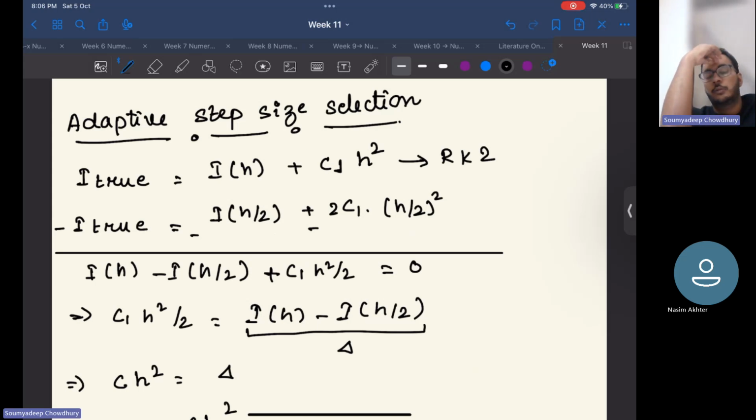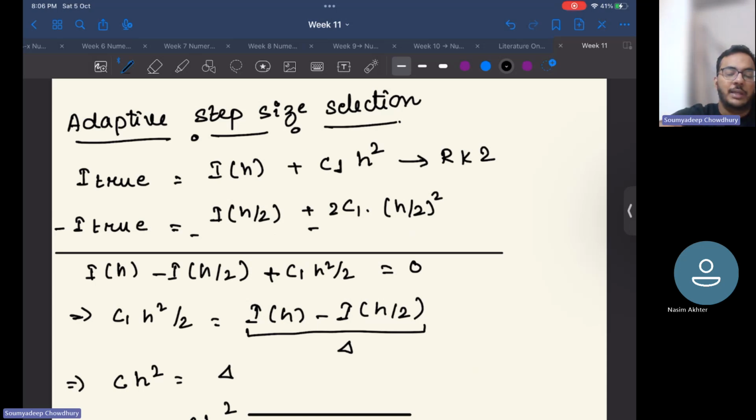Now, if we do the same process using h by 2, we'll get I of h by 2 plus 2 times C1 h by 2 whole square. This we have discussed in the previous class, or one class before. So if we subtract these two, what will we get? Our true value is the same in both cases, right?